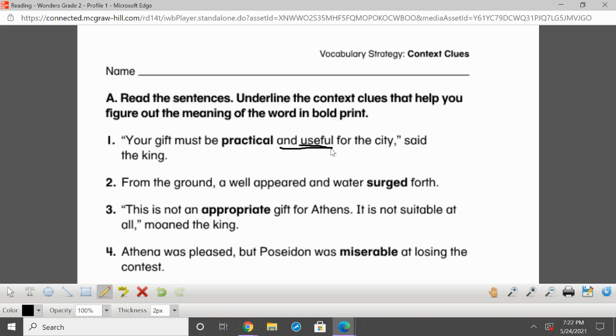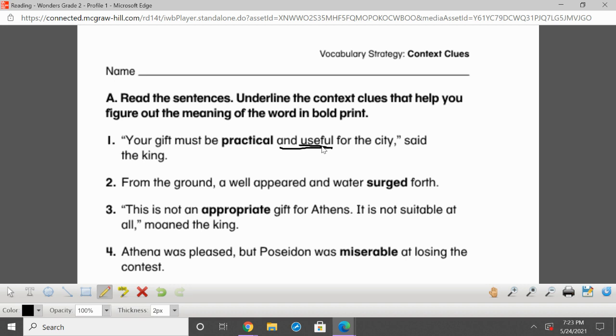So practical probably means it needs to be useful, something that makes sense, something that can be used. It's not something that's crazy or out of this world. So the gift must be something that makes sense, is useful, and is not out of this world crazy.